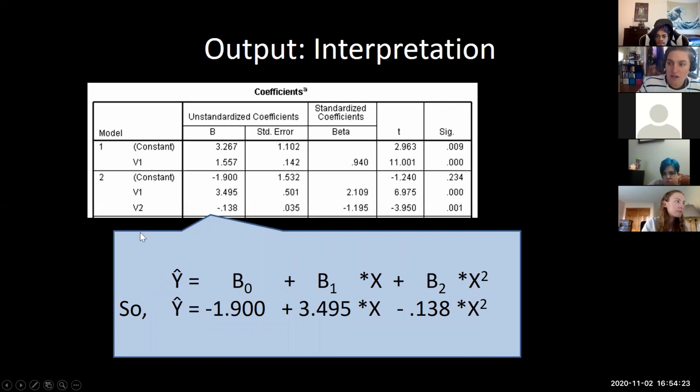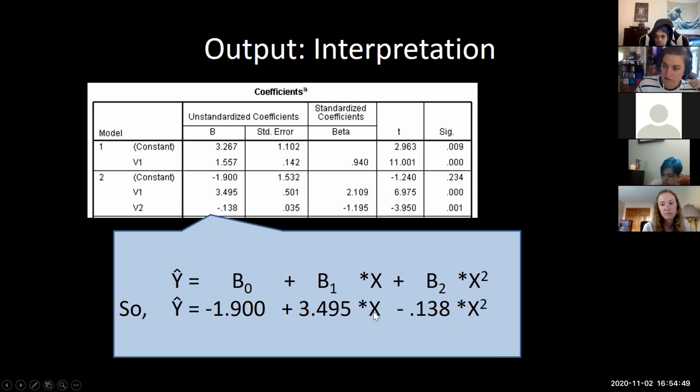And these equations work just like your other equations have worked in the past. So our y hat is equal to negative 1.9 plus 3.5 times x minus 1.38 times x squared. And so if you want to solve this equation for any particular value of x, you just plug it in here and here. So if it's 0, obviously it's 0, 0.